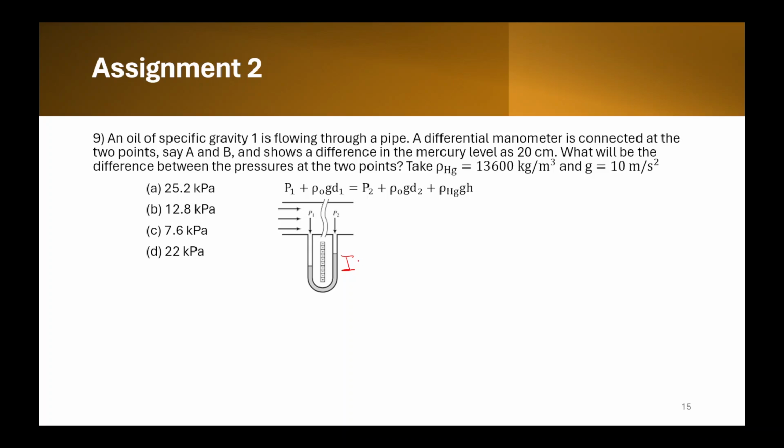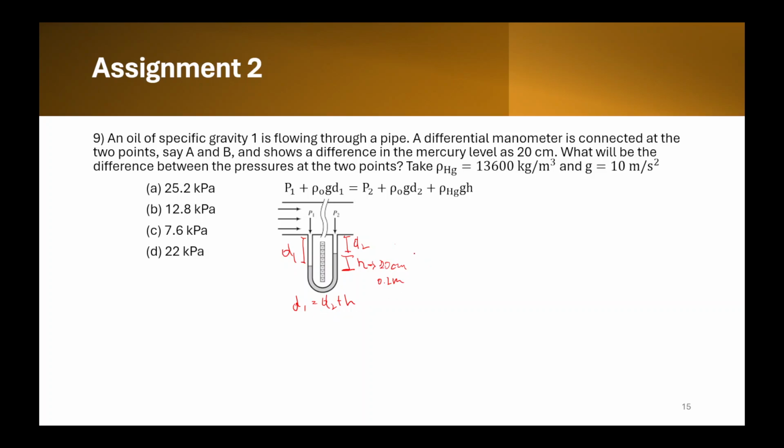So this we will term as H. This height of column will be D2. This will be D1. So from here we can say that D1 is equal to D2 plus H. So this H is 20 centimeter or 0.2 meter. We convert everything in SI units, keeping the units consistent.